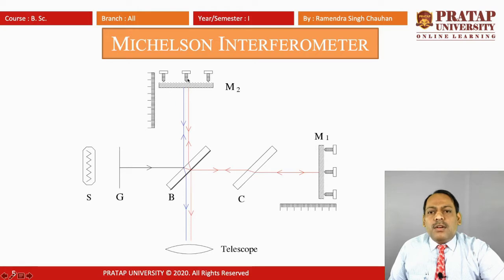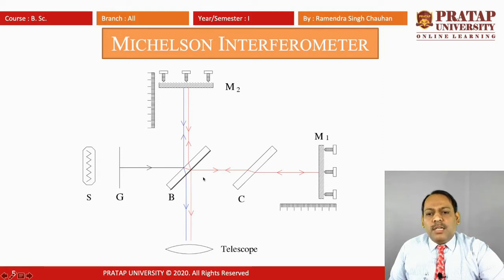These are also important because in subsequent sections of this presentation we will show how the leveling of the mirror, or adjustment of the mirror plane, will change the formation of fringes by the Michelson interferometer. Now this is the compensatory plate.